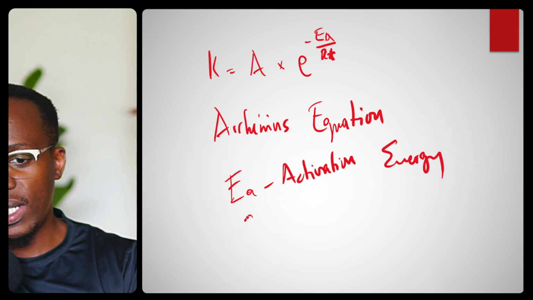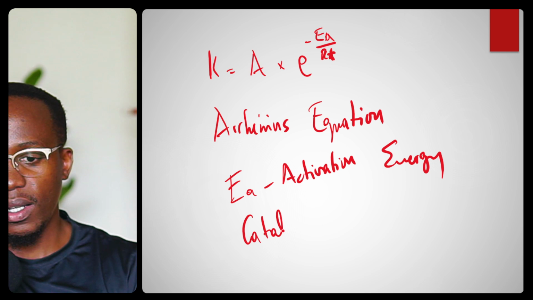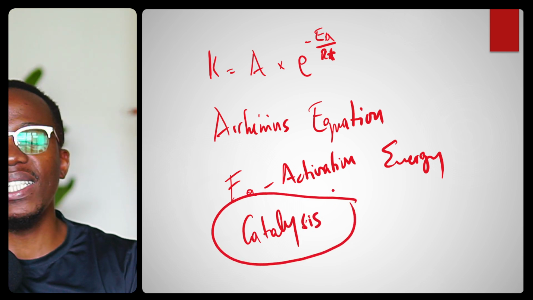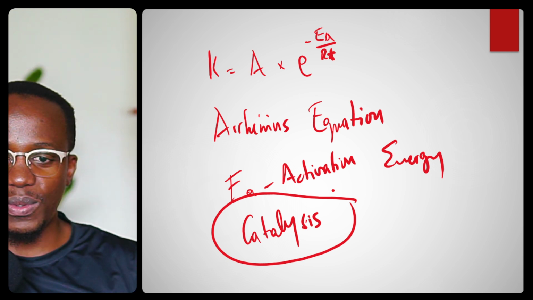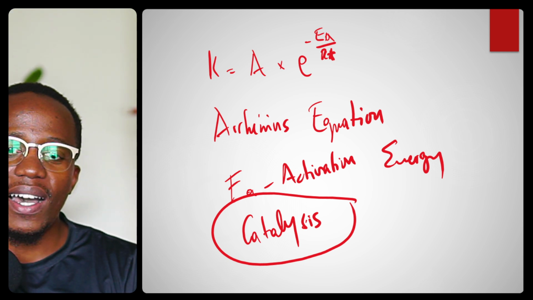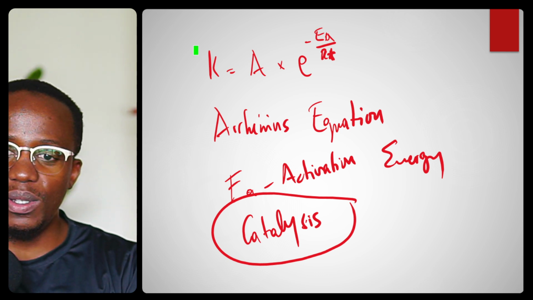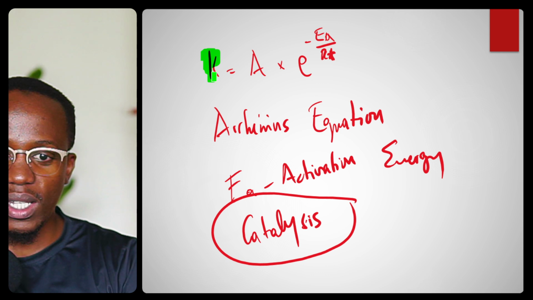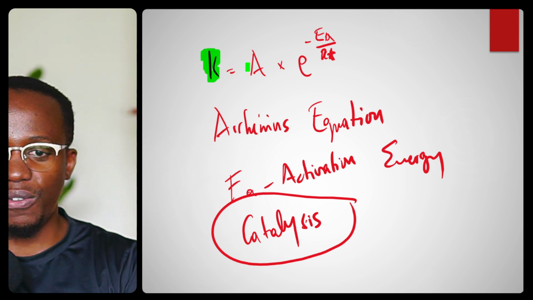And then again, catalysts lower this by catalyzing the reaction, right? So if I ask you, what is the activation energy? You will find it because k is the rate constant. We know how to find it.